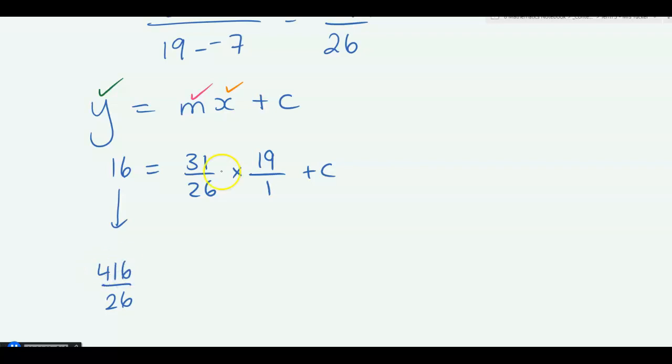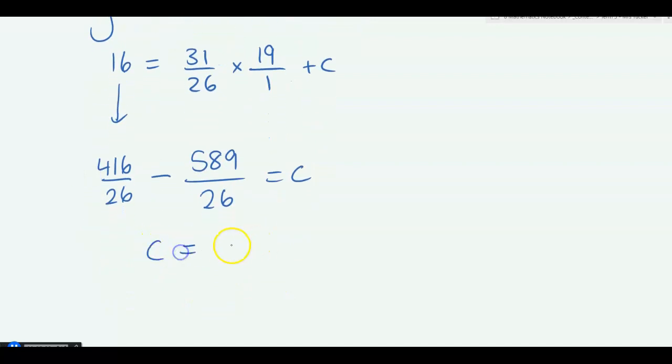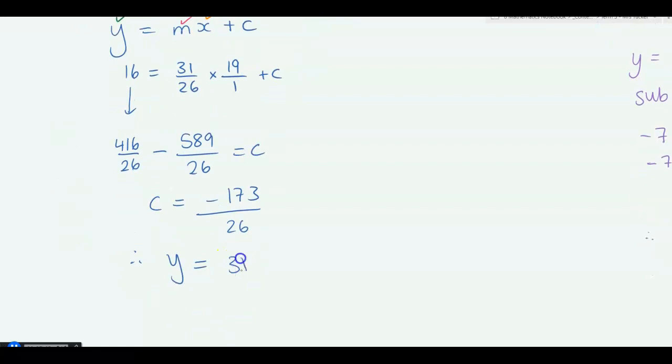Good. So 416. And what is 31 times 19? Thank you. 589 over 26 equals c. So I subtract the numerators and I get c equals negative 173 over 26. Therefore, y equals 31 over 26 times x minus 173 over 26.